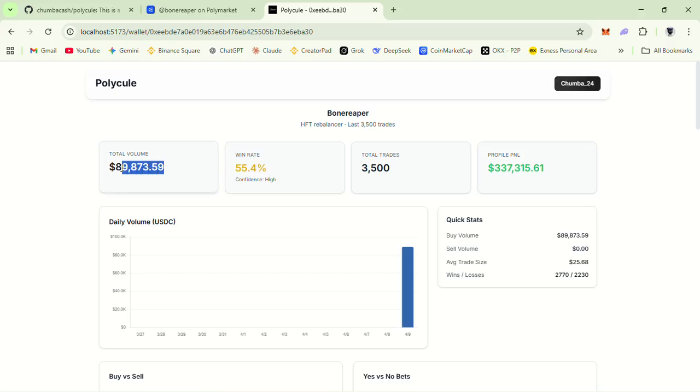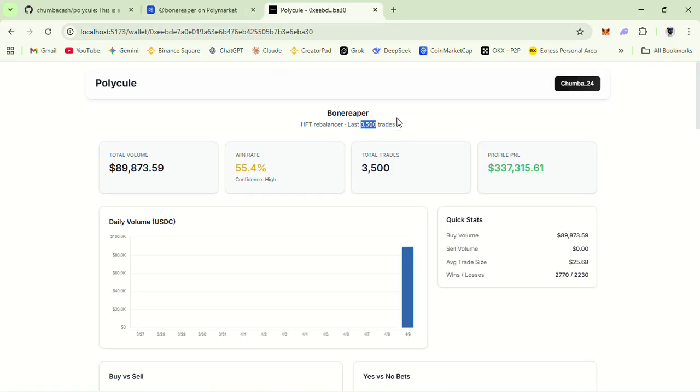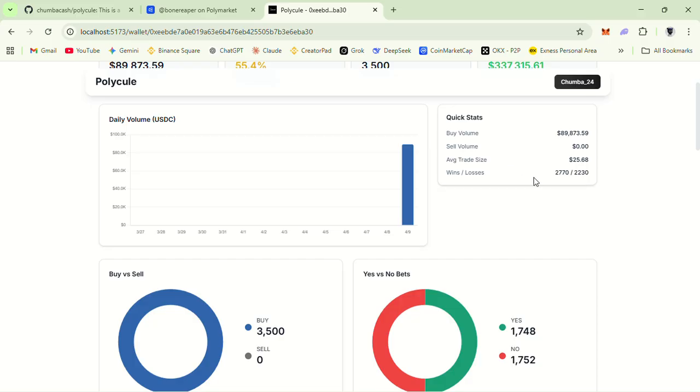Then total volume is for the last 3,500 trades. We are going to analyze those because this wallet has a lot of trades, so we can't do all trades at once. We may improve that, but that is not it.